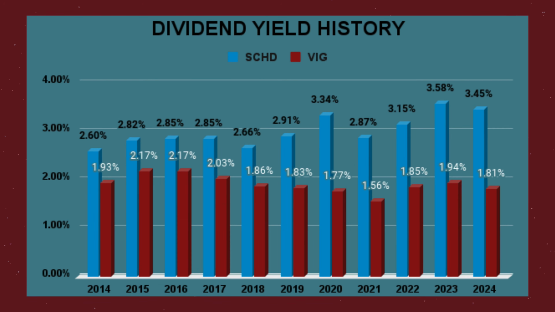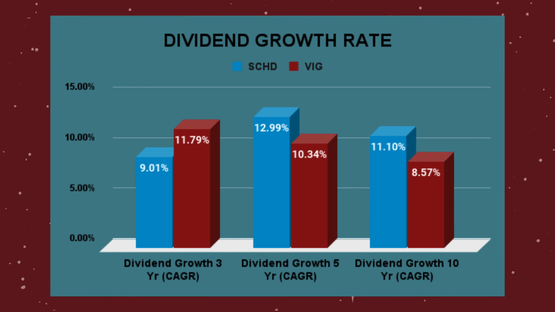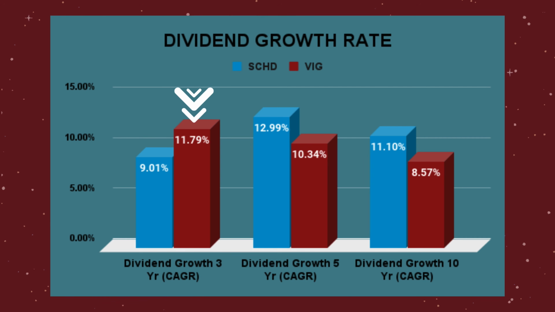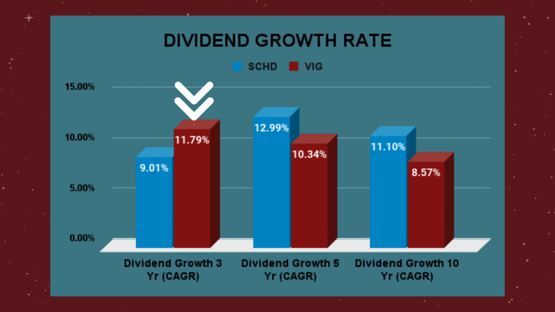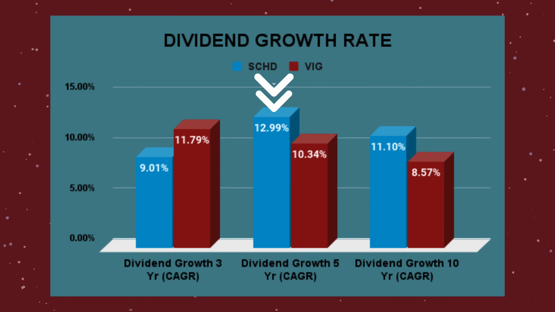Let's shift our focus to dividend growth rates. Over the past 3 years, VIG has demonstrated stronger dividend growth at 11.79% compared to SCHD's 9.01%. However, over the 5-year period, SCHD takes the lead with a 12.99% growth rate, surpassing VIG's 10.34%.